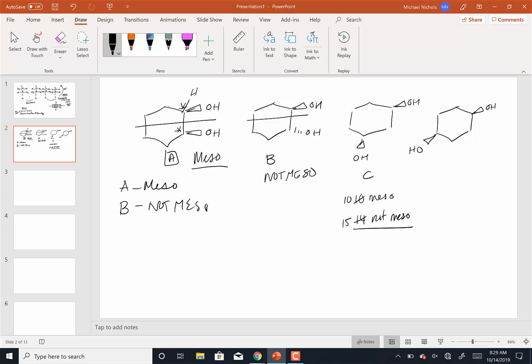The bottom OH needs to be moved to the left one if you want the OHs to overlap each other. Oh, when I do a mirror plane? So if I drew that, is that a mirror plane?